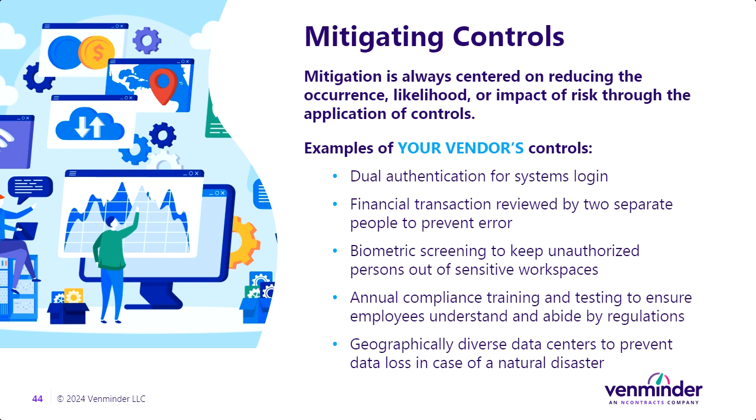You would likely see that in server rooms, things like that. Annual compliance training, which is pretty big, and testing to ensure that employees understand and abide by the regulations. And then geographically diverse data centers to prevent data loss in case of a natural disaster. So those are all examples of your vendor's controls.